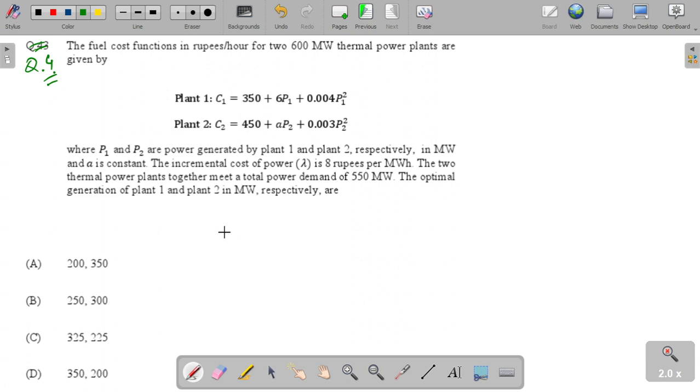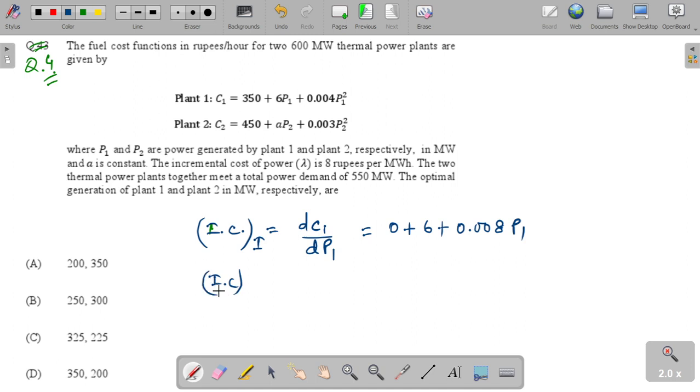तो यहाँ पे हम लोग सबसे पहले इंक्रीमेंटल कॉस्ट निकालेंगे। इंक्रीमेंटल कॉस्ट तो ये क्या होता है, dC1 with respect to P1, that is 0 plus 6 plus 0.008 P1. Incremental cost for the plant first.